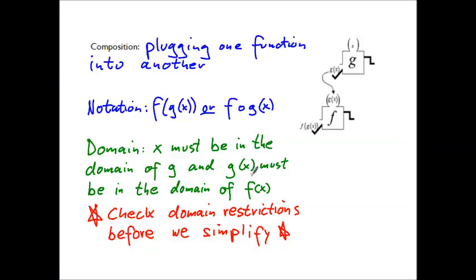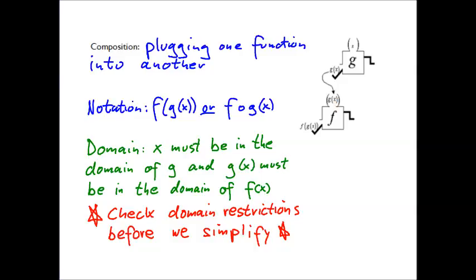And then g of x must be in the domain of f of x. g of x is now our new input, and that, of course, also has to be allowed to be put into the function f. This means that we have to check our domain restrictions before we simplify. Now, please make sure you write this into your notes.